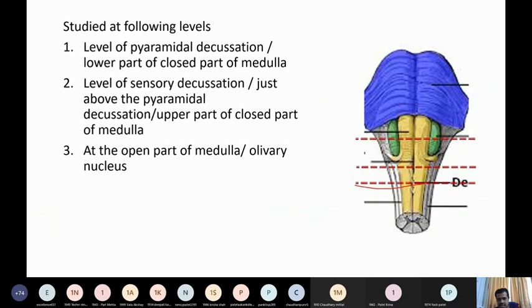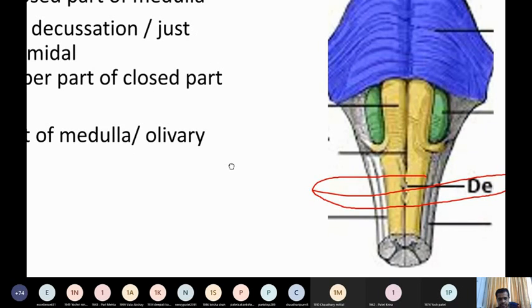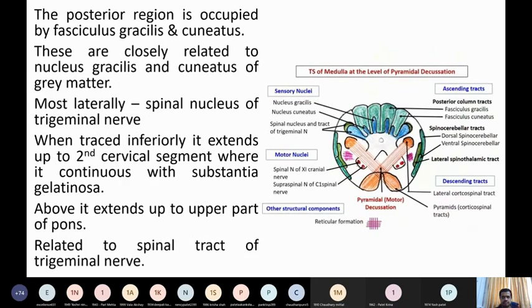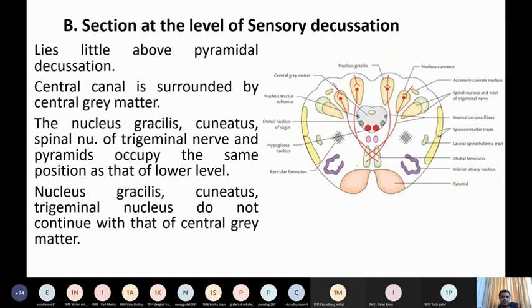Now we'll see the section at an upper level here, the section at the level of the sensory decussation. It lies a little above the pyramidal decussation that we saw in the earlier image.